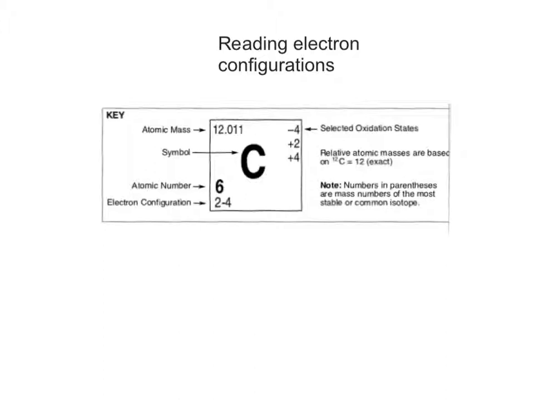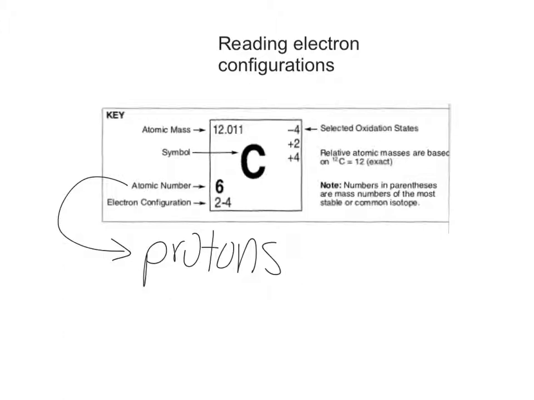The atomic number is equivalent to the number of protons in the atom. So what it's telling us is that a carbon atom will always have an atomic number of 6. It will also have 6 protons in its nucleus. The other thing that the atomic number is equivalent to is something called the nuclear charge.